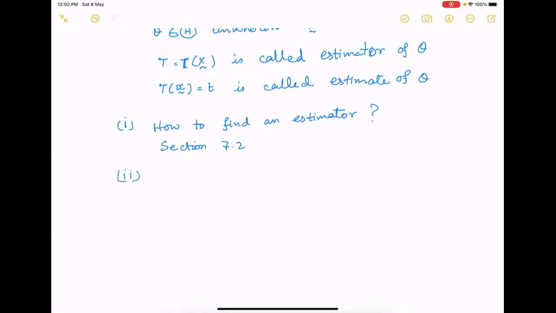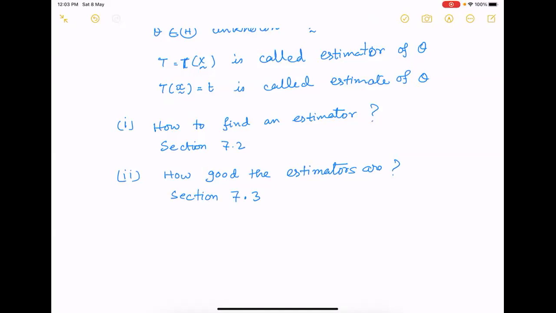The second question is what are the properties of estimators, or methods of evaluating estimators? How good the estimators are. That is section 7.3, which is called methods of evaluating estimators. Basically, in section 7.3, we are saying how good the estimator is.